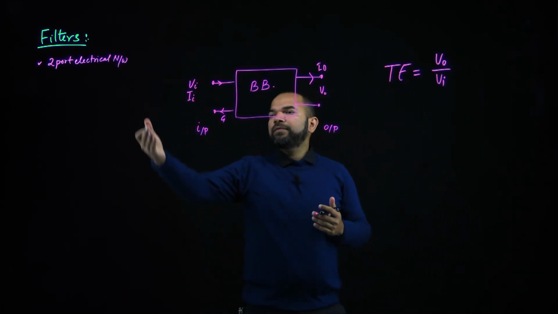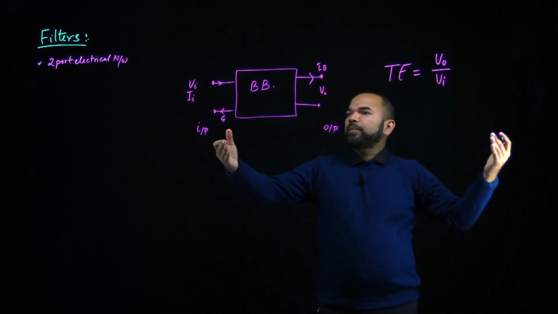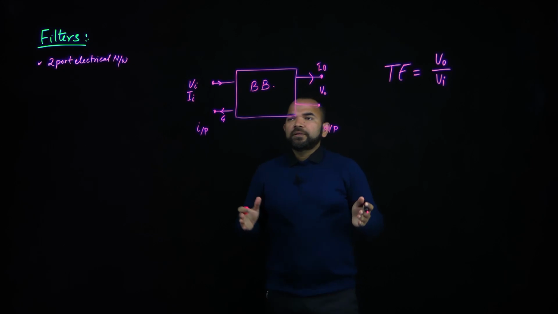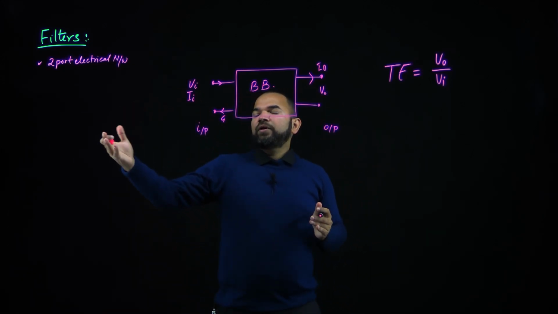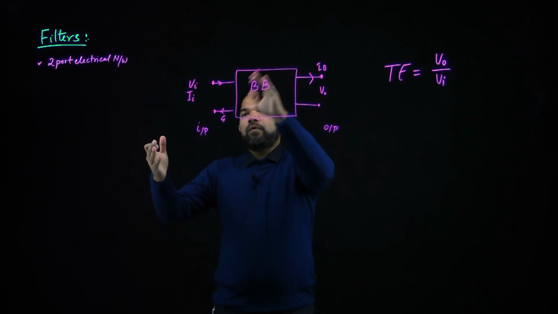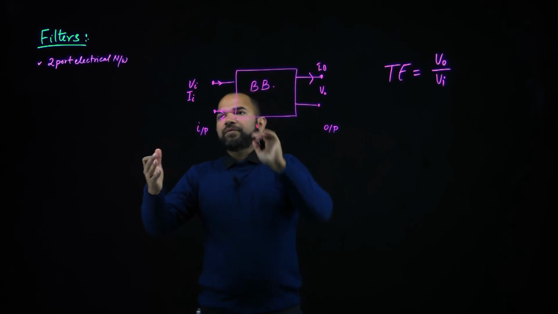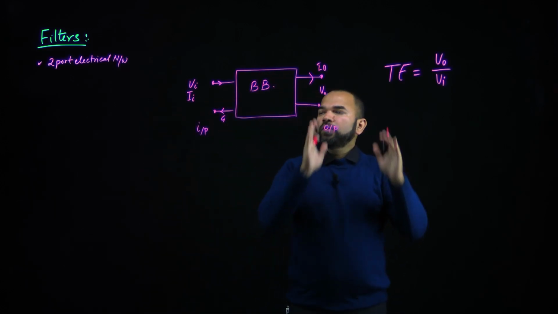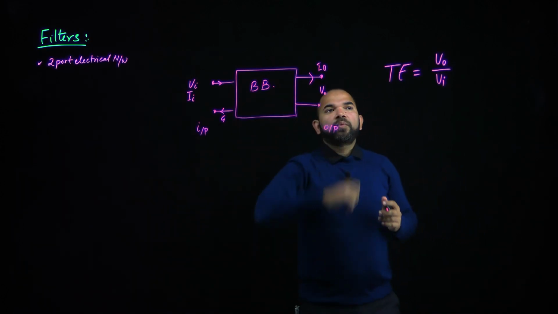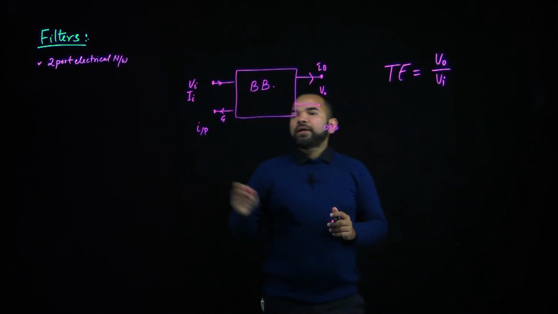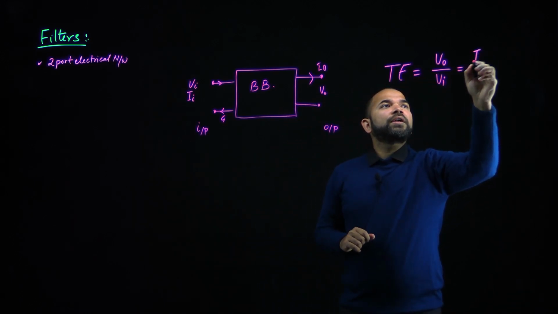If you have certain inputs and you know the transfer function, then you can predict what the output would be. Consider a filtering device: you know what the input is going to be, and you want a certain transfer function from this device. That means you are rejecting something and accepting something through this black box. So this transfer function is really important, and it is defined in terms of the measuring quantities.